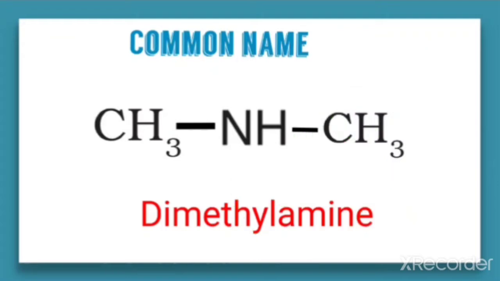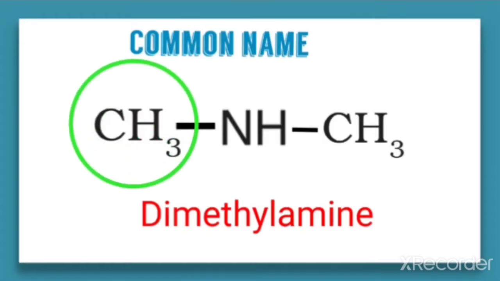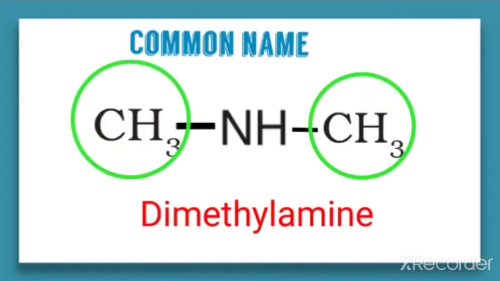So what it shows here, there are two alkyl groups that are both the same alkyl group, that is the methyl group. Here also methyl group is there, here also methyl group is there. So both are the same alkyl group. In that case, we have to name it as di, because two methyl groups are there. Therefore, dimethyl, and we have to add the suffix here, that is amine. So dimethylamine is the common name for this compound.